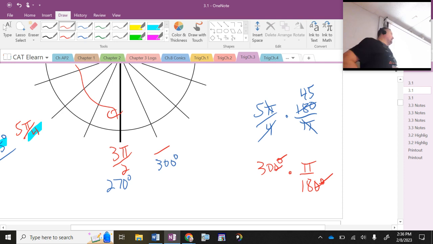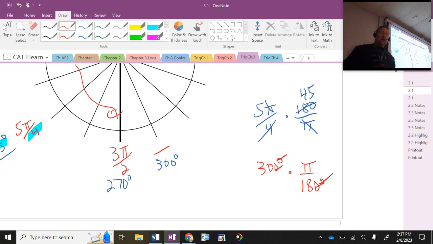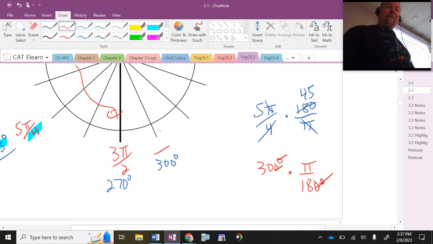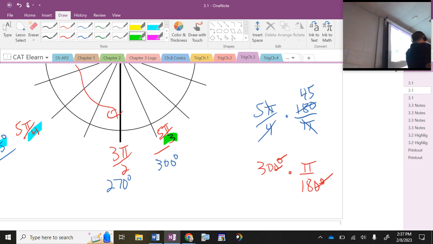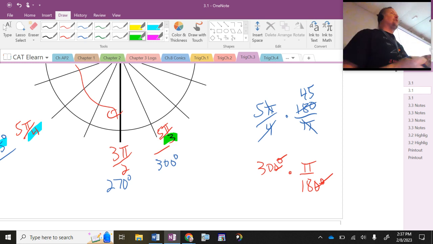Then 30 and 18 have 6 in common. 6 goes into 30 5 times, and 6 goes into 18 3 times. Guess what is always? A 60-degree reference angle is always over what, everybody? 3. The quicker you get that figured out, the quicker you're going to get really good with chapter 3.